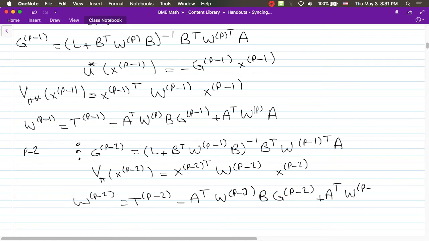Sorry, this is P minus 2, P minus 1 times A. I just move the indexes by 1. And so I can unfold the problem to the very first state.